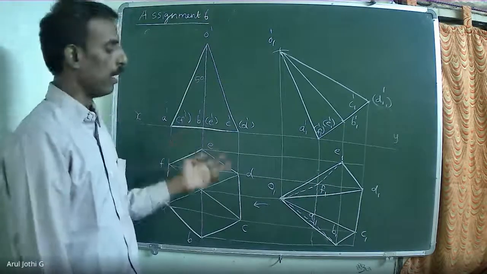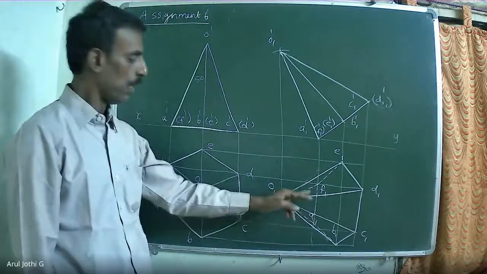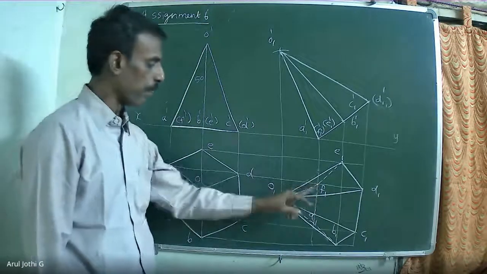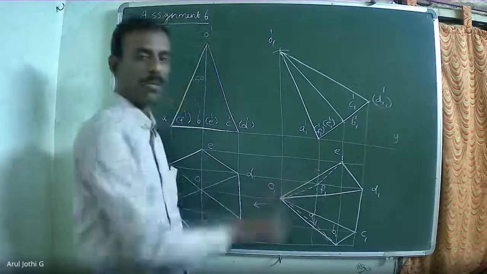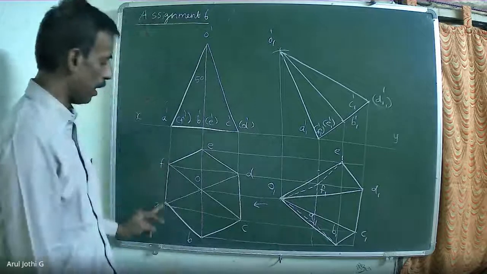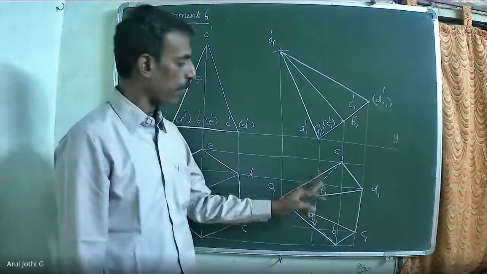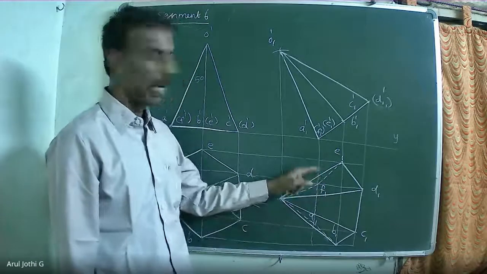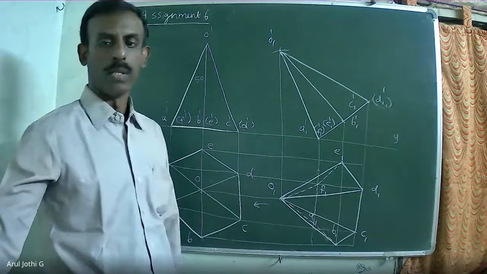So in this case, FO and AO are available inside the visible line, so they will be invisible. Logically, FO and AO will not be visible. But when you draw the diagram, if FO is available outside the visible line, in that case only it will be visible. Okay.